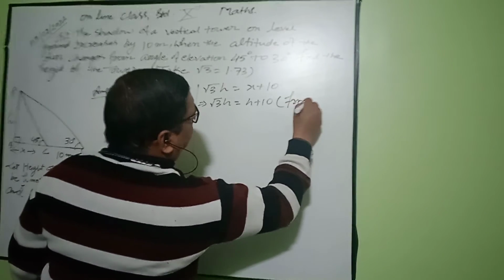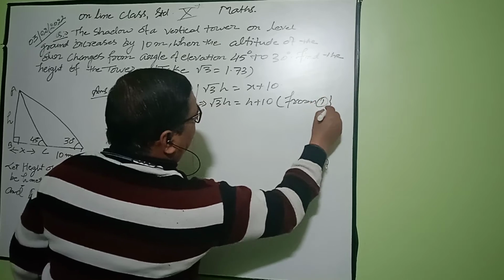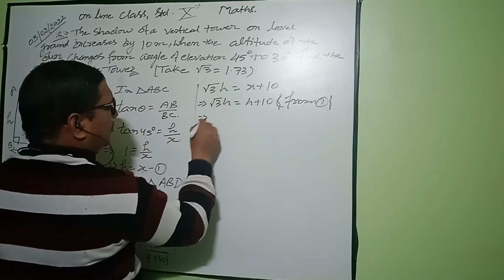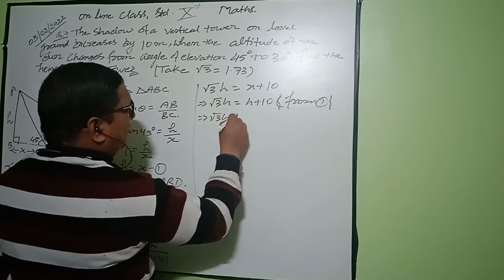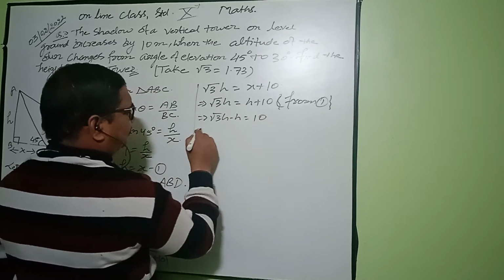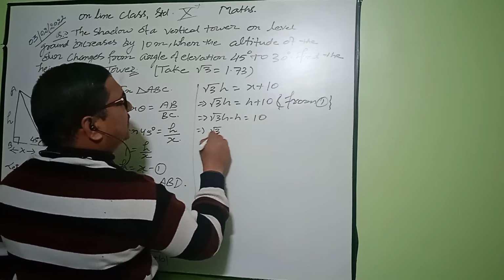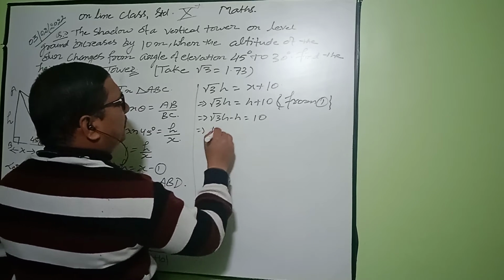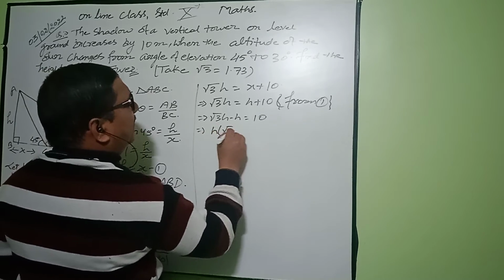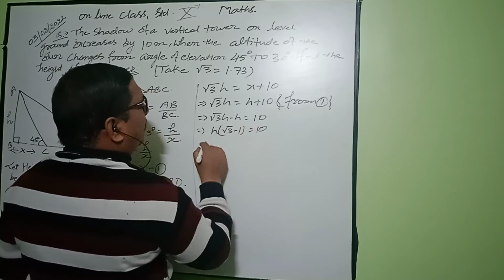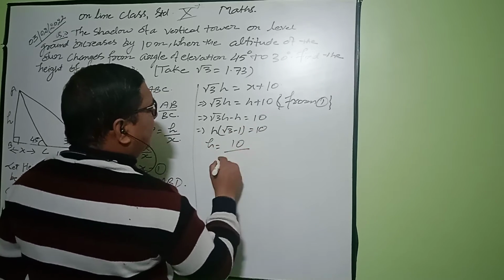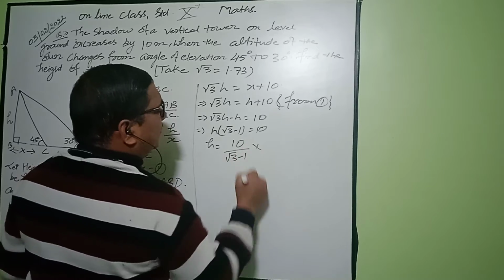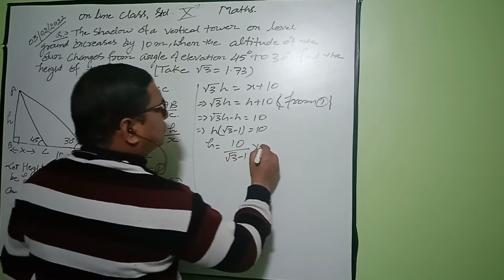Then root 3 h minus h equal to 10, or h common, root 3 minus 1 equal to 10, or height equal to 10 by root 3 minus 1. Rationalize it.